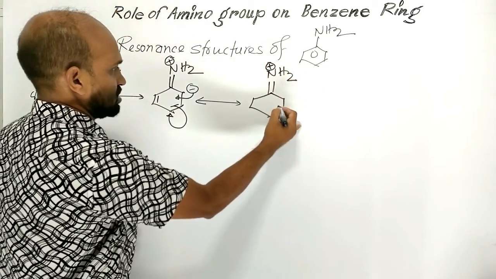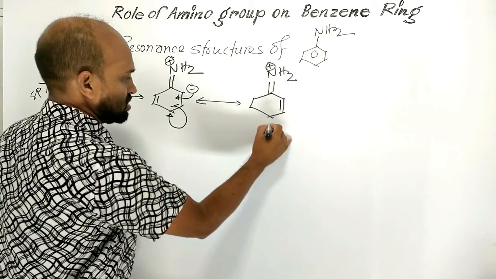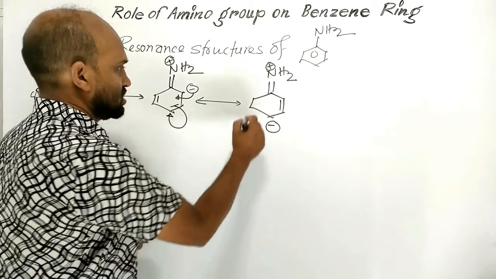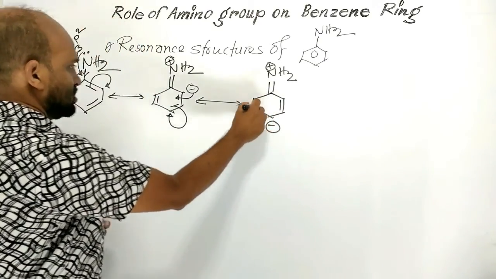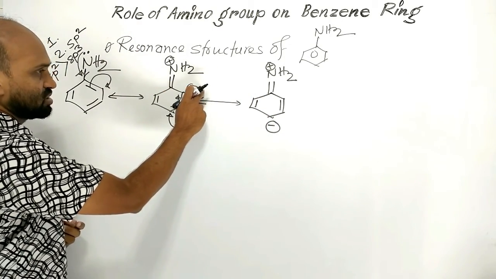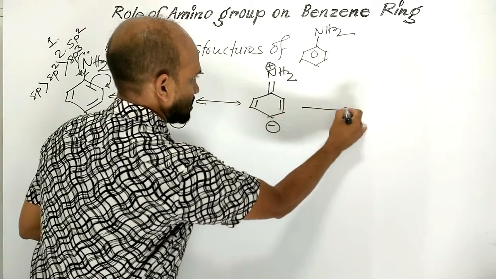Positive charge. Here double bond is formed. Para carbon becomes electronically rich. Here double bond. Here ortho carbon gets negatively charged. Here para carbon gets negatively charged.